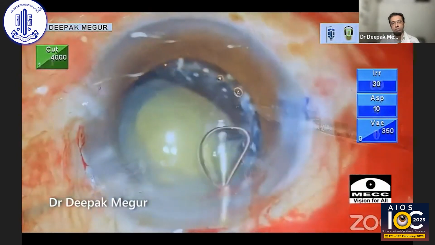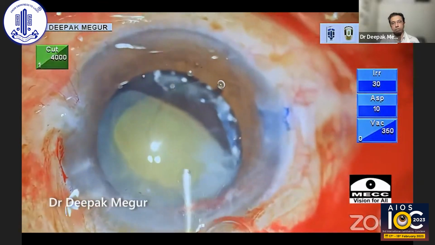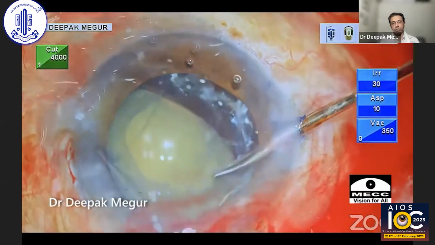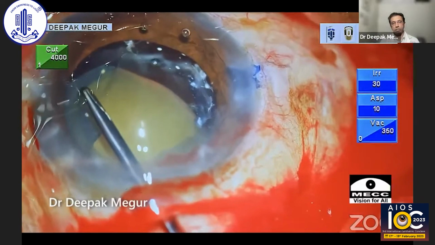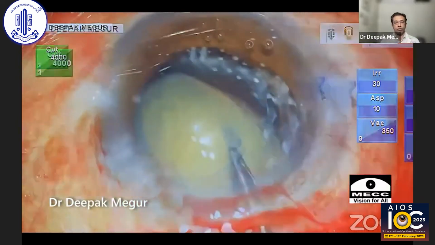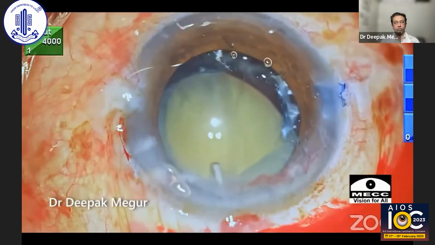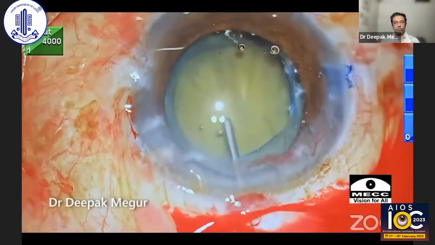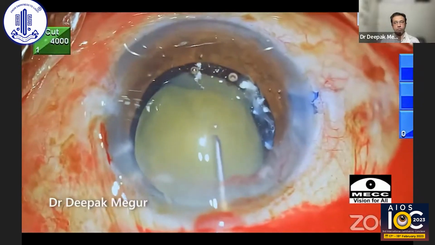Once the problematic area with the weak zonules is taken care of, the rest of the capsule is dealt with in a conventional fashion using scissors and a forceps. Once we have a decent sized opening in the capsule, the nucleus is gently maneuvered out of the bag and removed out of the eye.